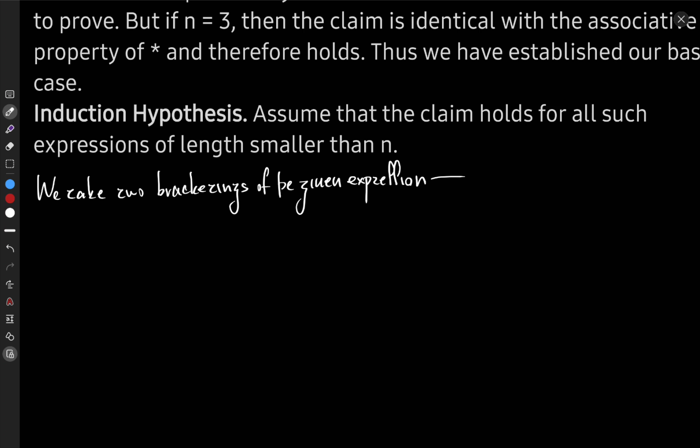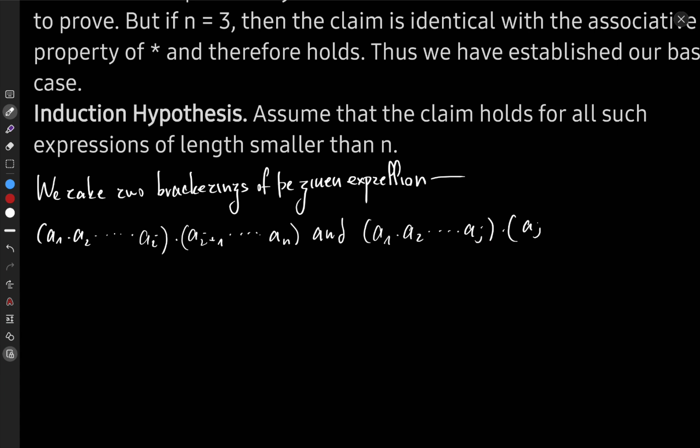So we have A1 dot A2 dot etc. up to some AI dot, and now AI plus 1 up to AN. Here I denote the asterisk simply by a dot. And the second bracketing will be A1 A2 up to some AJ dot, then we have AJ plus 1 dot up to AN.